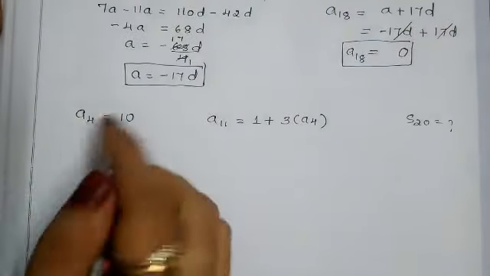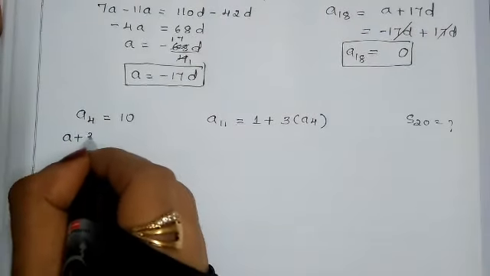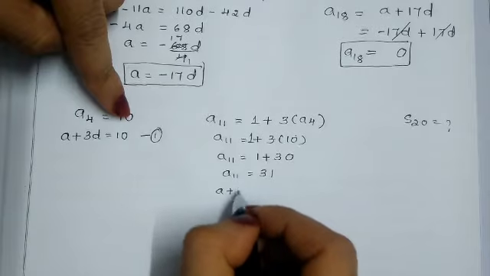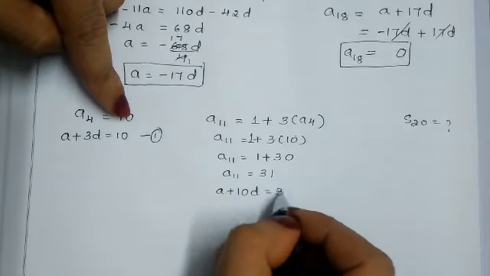Okay. a4 is nothing but a plus 3d is equal to 10. I'll write this as equation 1. Same as the previous problem. So a11 is equal to 1 plus 3 into a4, they have given 10. a11 is equal to 1 plus 3 tens are 30, so a11 is equal to 31. a11 is nothing but a plus 10d is equal to 31.